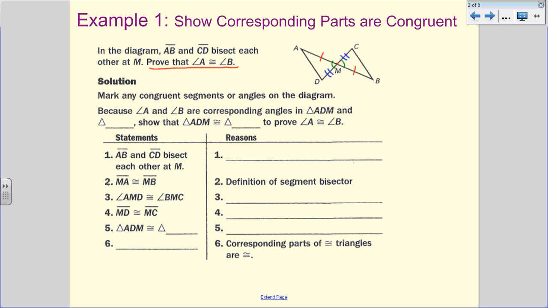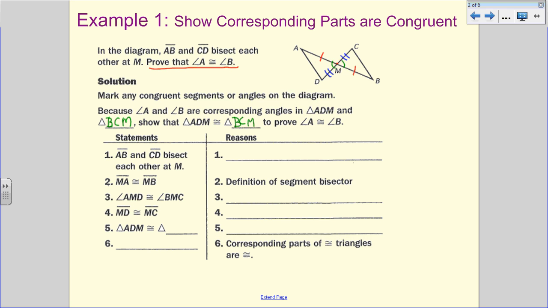So, because angles A and B are corresponding angles in triangle ADM and triangle BCM, we want to mark those corresponding parts. We can show that triangle ADM is congruent to triangle BCM, and then that would prove that angle A is congruent to angle B.